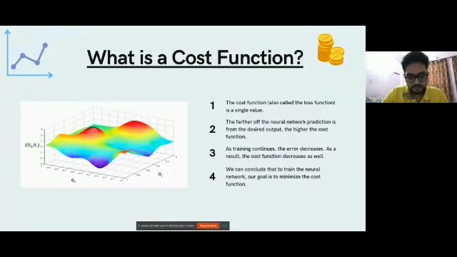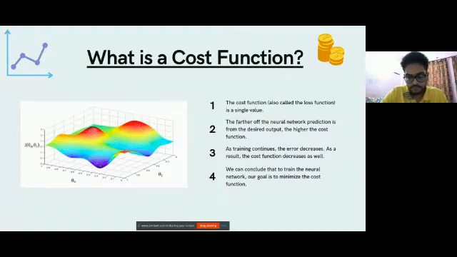Before moving on to the mathematical part of a cost function, we will take a look at the graph. In the graph, the vertical axis is the cost function, and the horizontal axis contains the parameters. The ones labeled as theta are basically W, the weights. Almost all the time, it's not just two weights that we work with. It is a very high number of weights, and we cannot visualize that, so we settle for two.